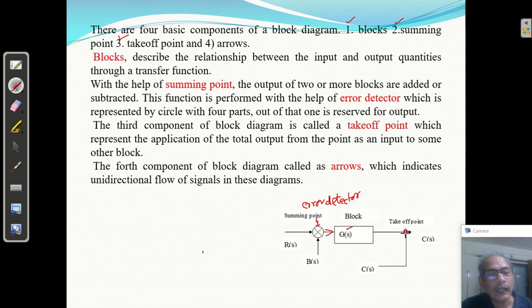Okay? So what is the output here? CS. Here the feedback signal will be there, HS. And the fourth point is the arrows. What is the purpose of an arrow? It indicates the unidirectional flow of signal.